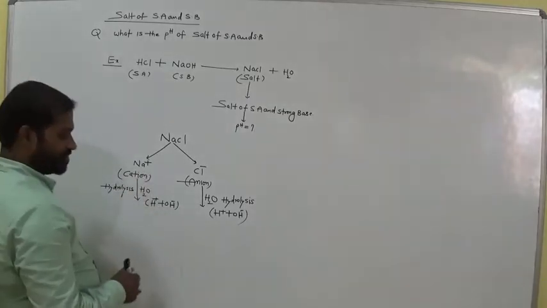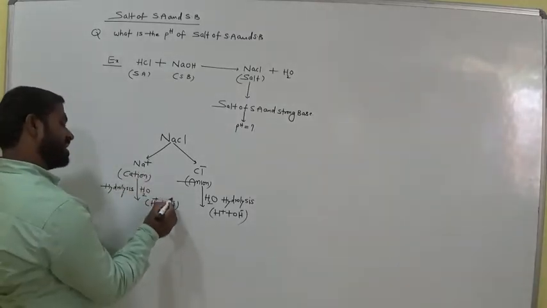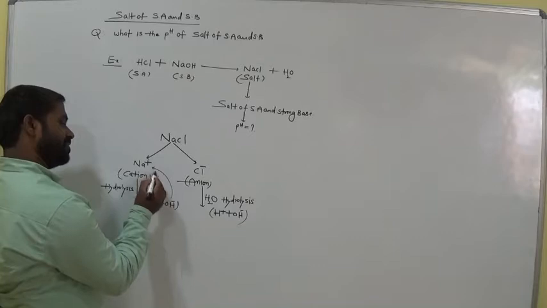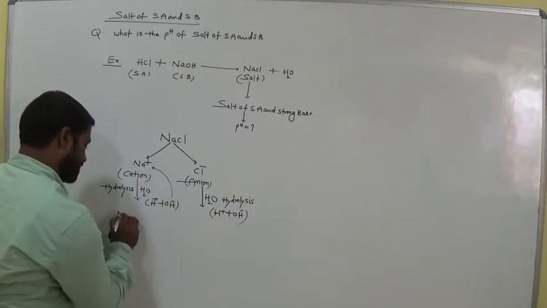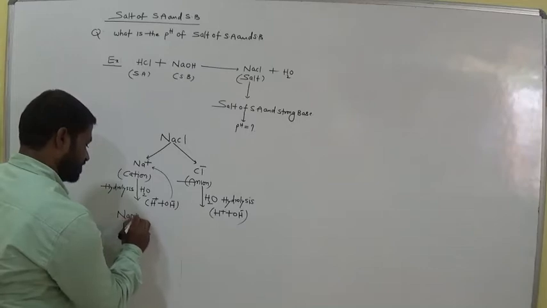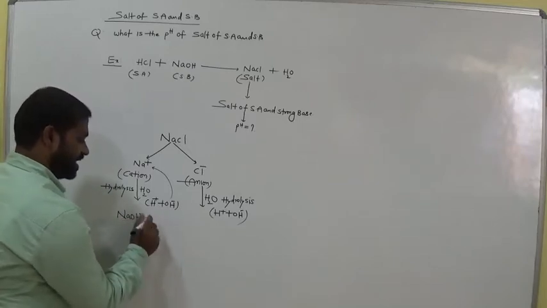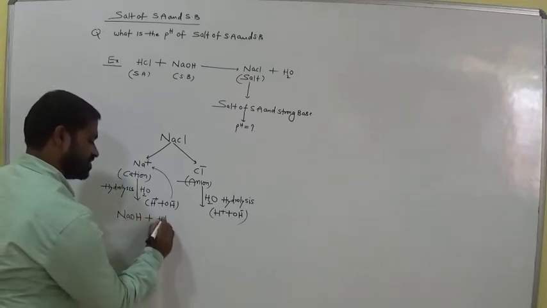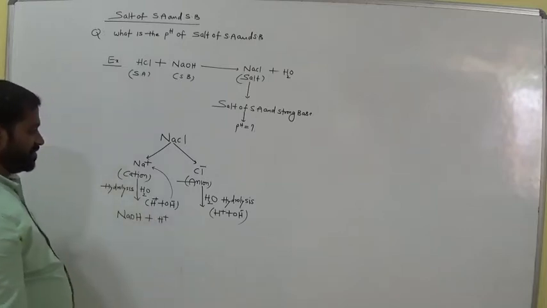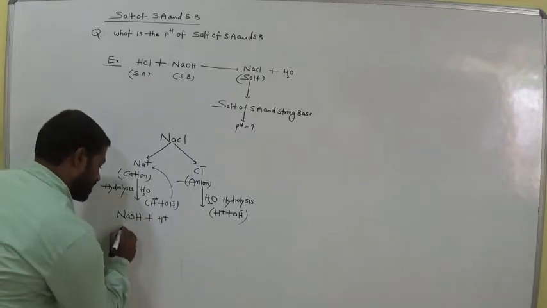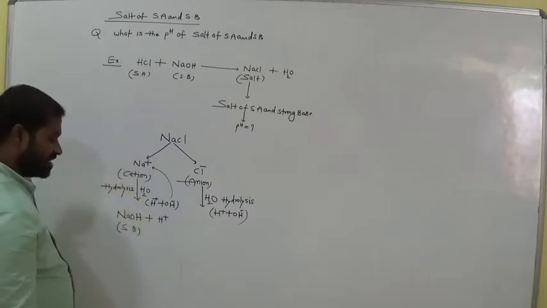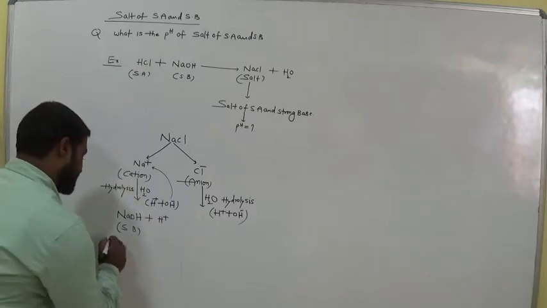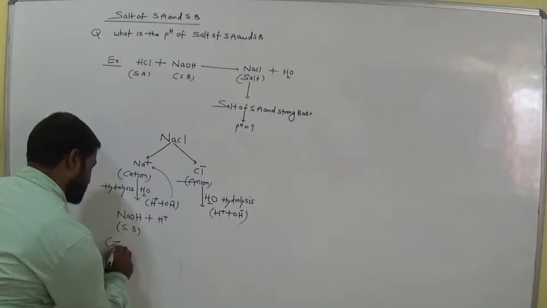This is positive, so the negative is attracted towards positive. Then it gives NaOH, am I right? And what is the remaining ion here? It is H plus. Clear, all of you? Now it is a strong base, am I right? In the case of strong base, we consider no hydrolysis, zero hydrolysis.